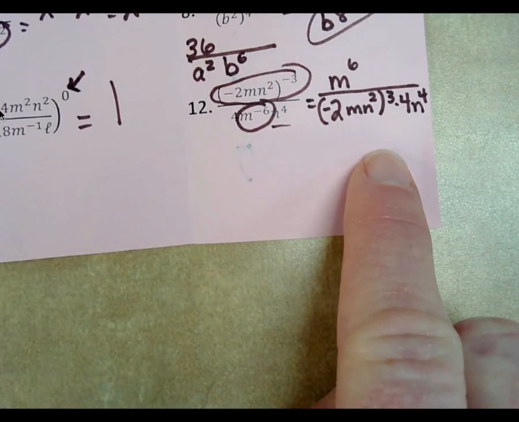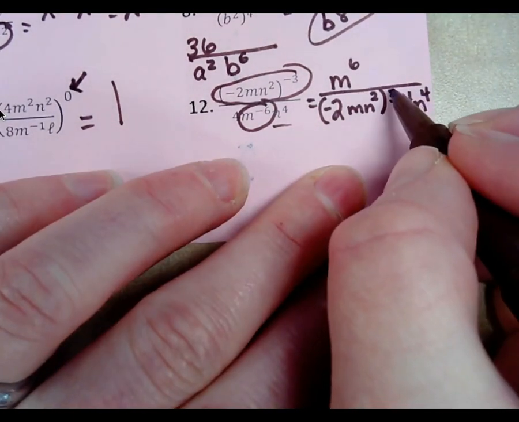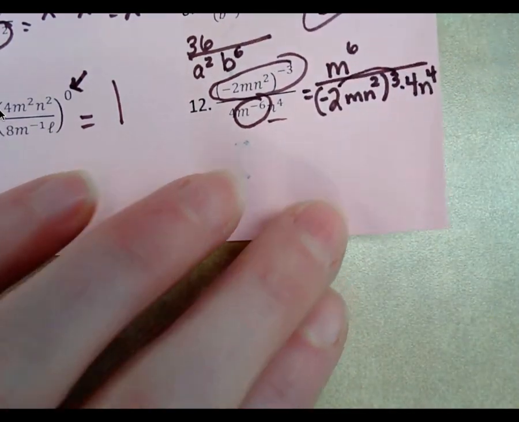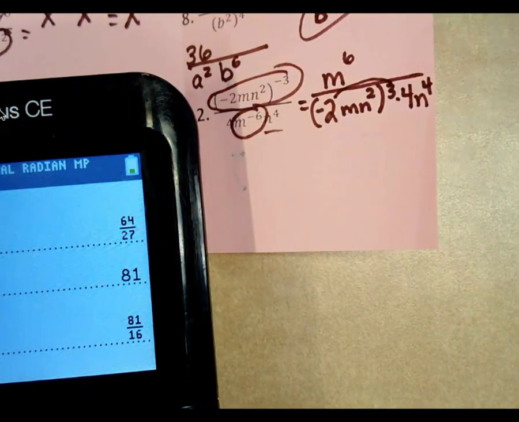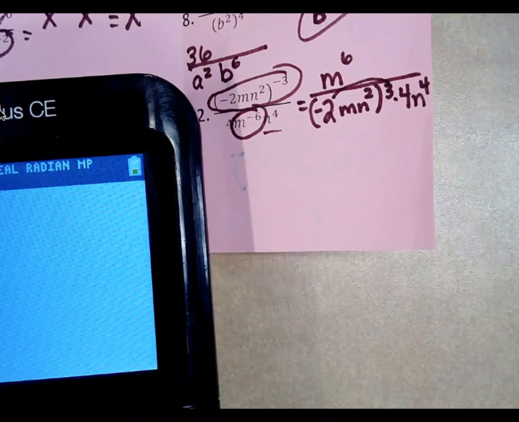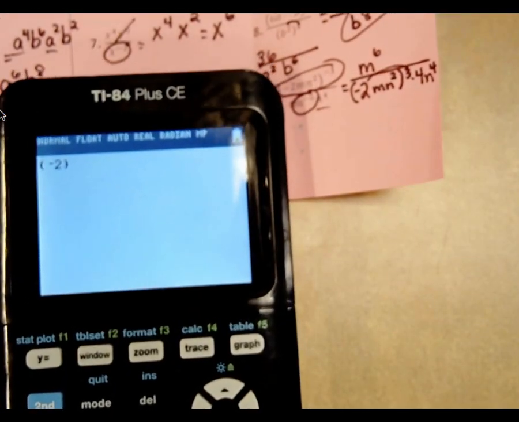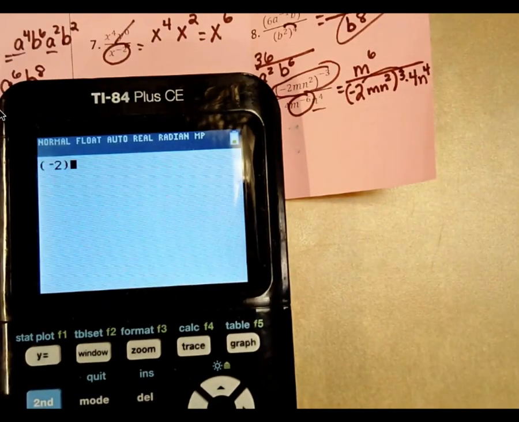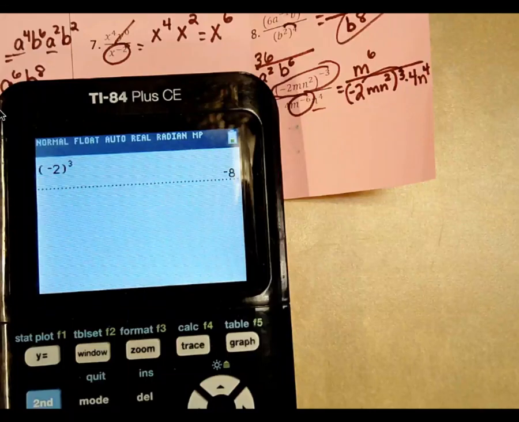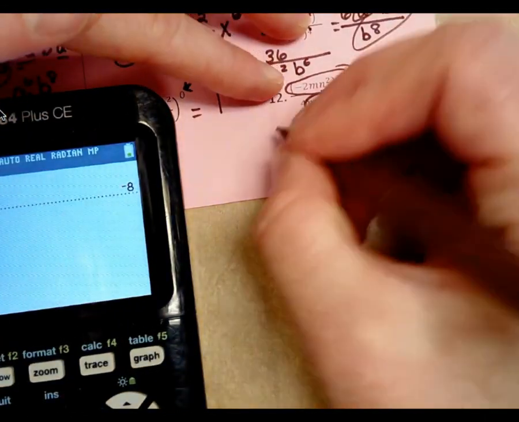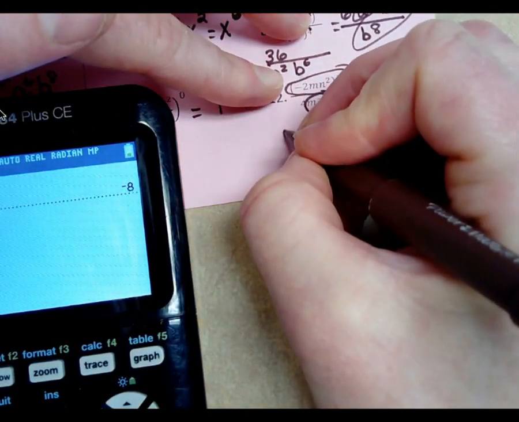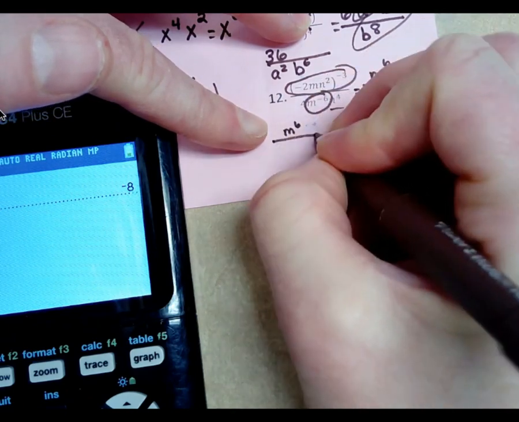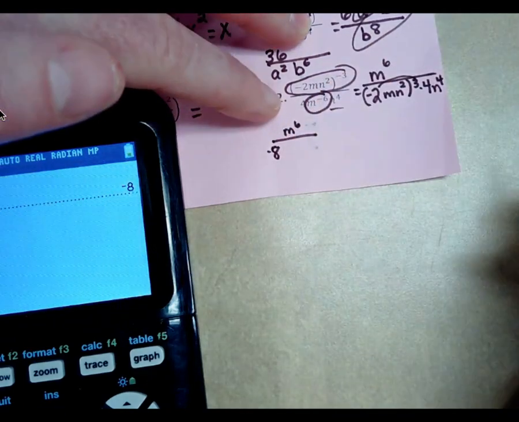All right. So now we need to send in this 3rd power. Anytime you have a negative base, you've got to keep it in parentheses. So negative 2 raised to the third power is negative 8. So we still have m^6, and then that's negative 8.